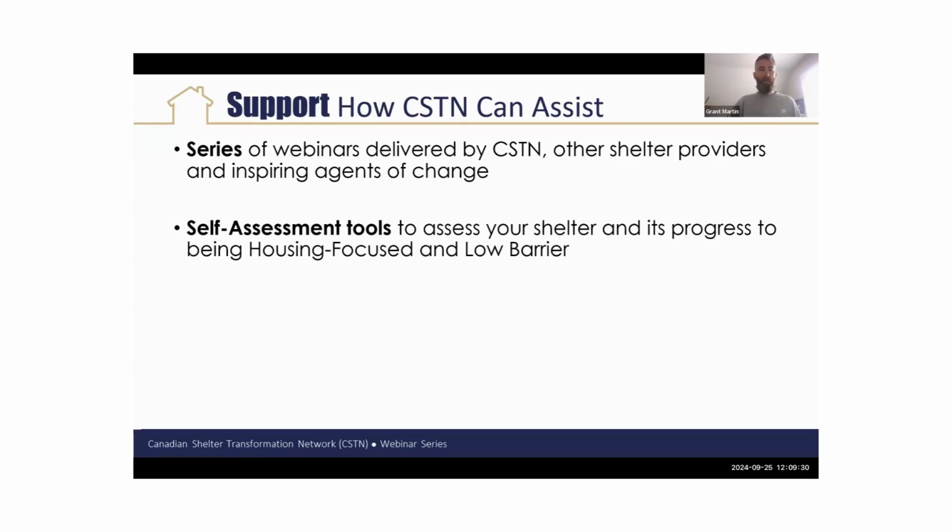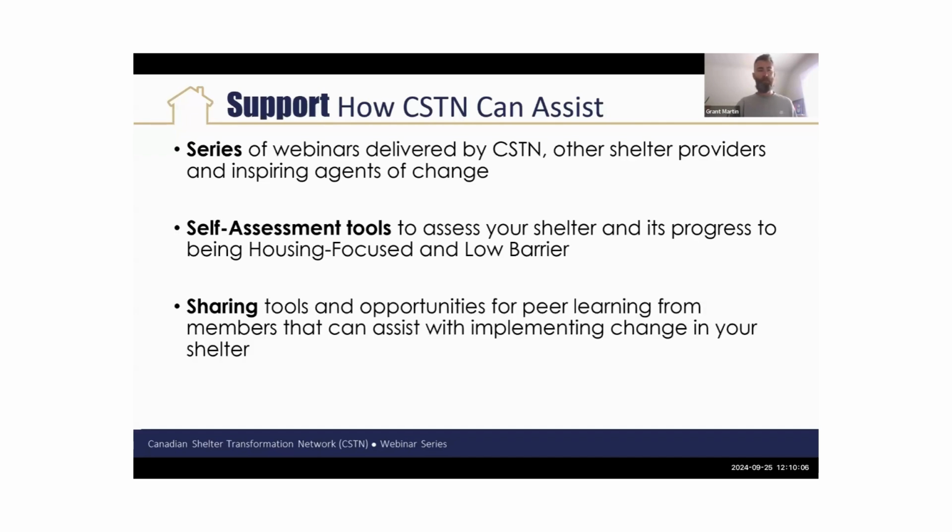We can also assist with some tools that we have available, and I want to highlight one specifically: the self-assessment tool that you can find under the resource tab at the CSTN website, on how to assess your progress in becoming a housing focused and low barrier shelter. If you're thinking about moving towards being a housing focused and low barrier shelter, this self-assessment is good to use for baseline data at the beginning of your change process, and then periodically throughout that process to see the progress you're making.